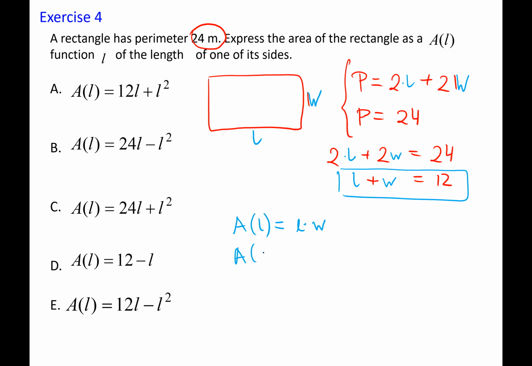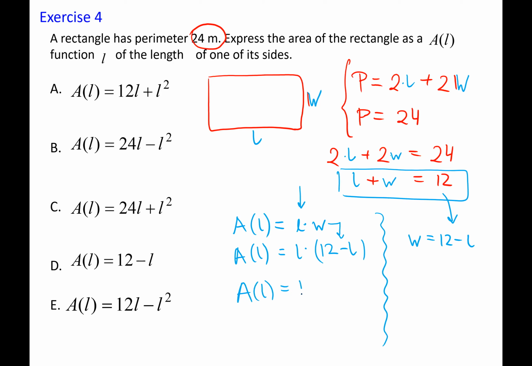But we want the function just in terms of L. L can stay, but I have to find a way to rewrite W, the width, in terms of L. The boxed equation gives me this information. I can solve it for W, and I will have 12 minus L. Let's distribute.